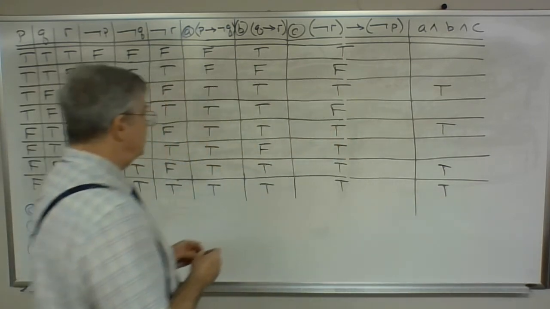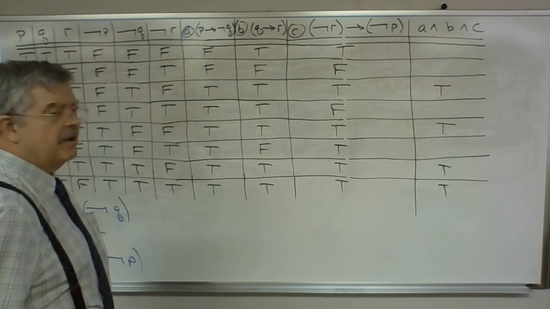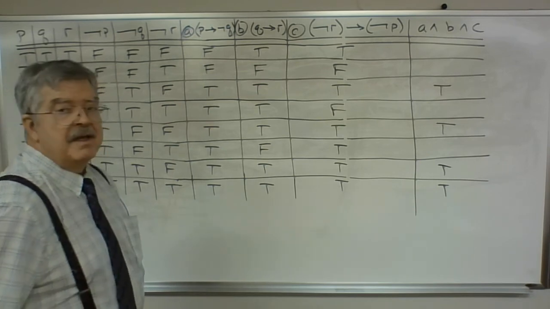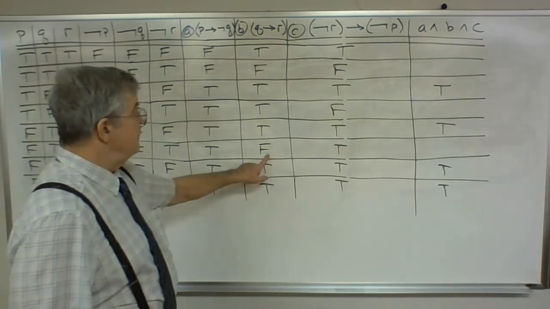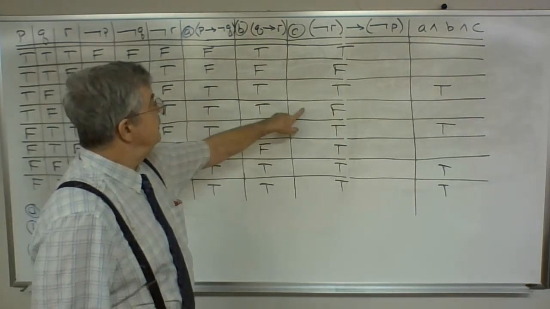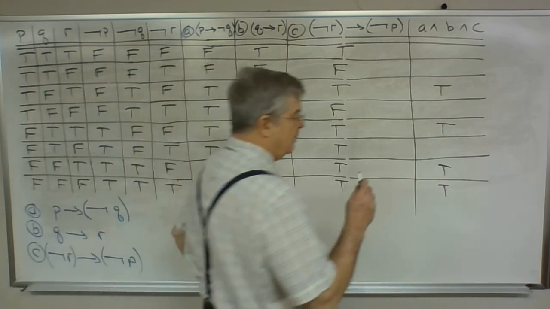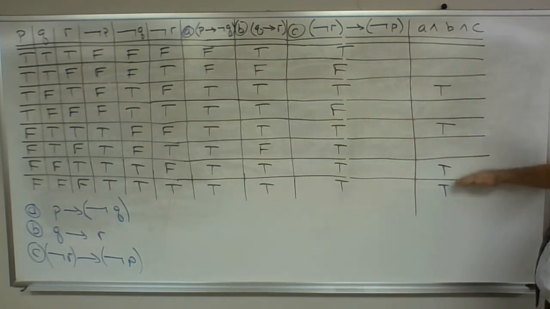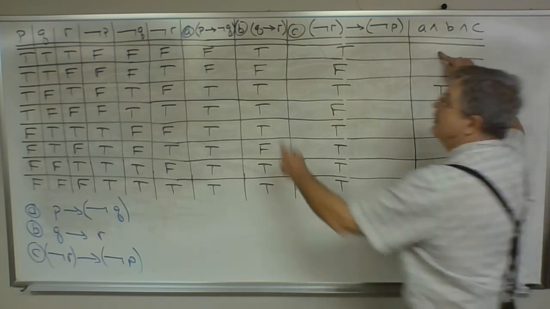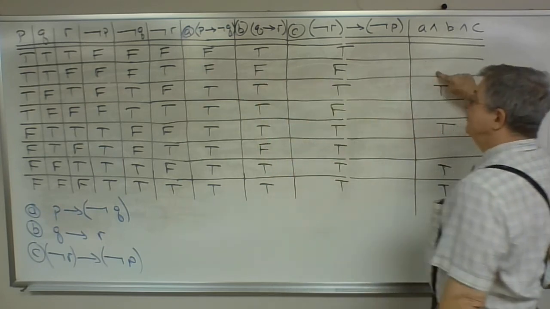Now let me just take a look and make sure I did it right. The other way I could reason on this is if there's at least one false, the whole thing's false. So this is going to be false. This is going to be false. This is going to be false. This is going to be false. Yep, it works out perfect. The special case told us we have true, true, true, true. And all of the other cases, like here, we have A false. Here, we have all three false.